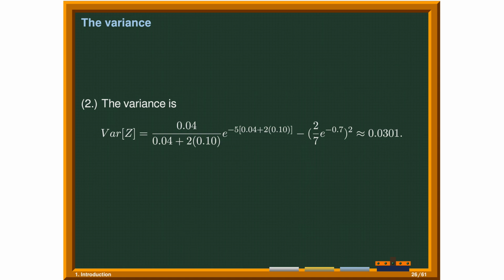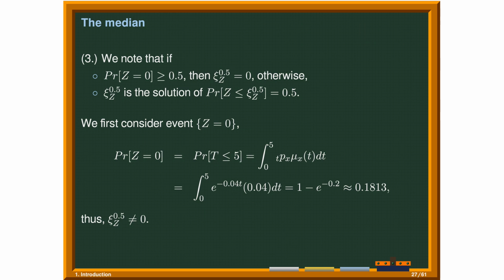Okay? And then to get the median, first we note the following: that the random variable Z, it is possible that there is a positive probability associated with the event that Z is equal to 0, right?